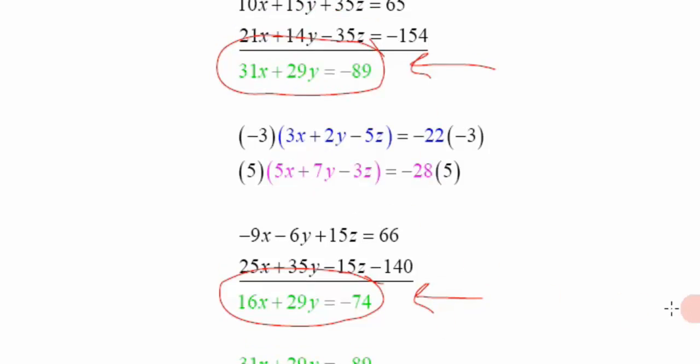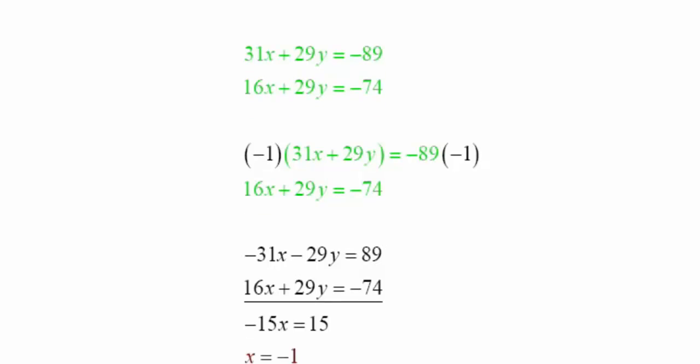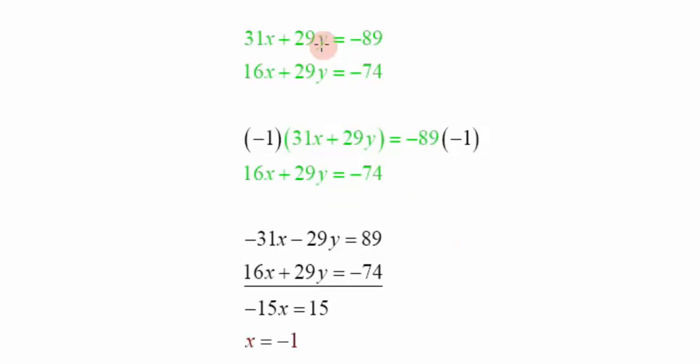They'll only have x's and y's in them, so I put them together like this, and now we're going to eliminate either an x or a y. Let's choose to eliminate the y. So basically, because one's 29y and one's -29y, if I multiply maybe the top one by -1, now I can add them down, I eliminate the y's, and I just get x equals -1. Alright, so now I've solved for x.